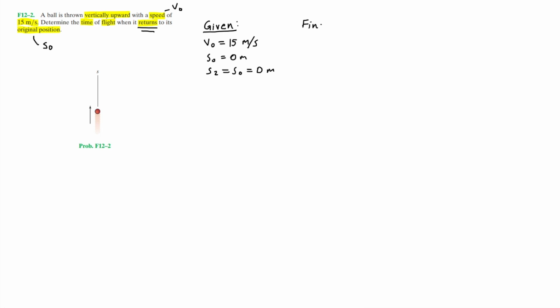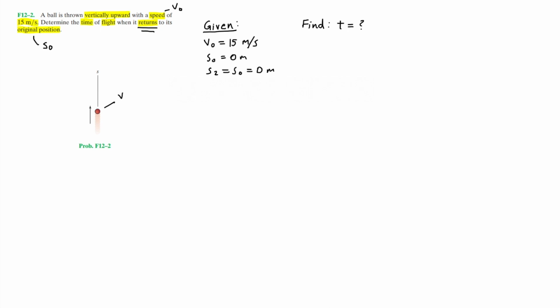And now we want to know the time the ball takes to return to the original position, so we want to find t. And so how can we do this? Well, first of all, we know that the ball has a velocity of 15 meters per second. But as it is thrown upwards in the air, what causes it to come back down to its original position?